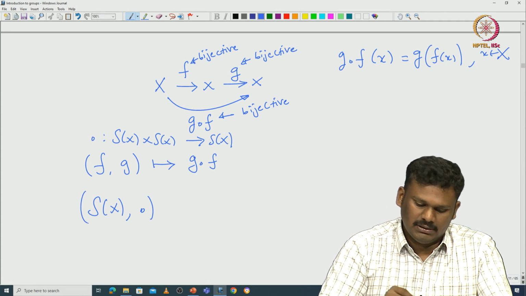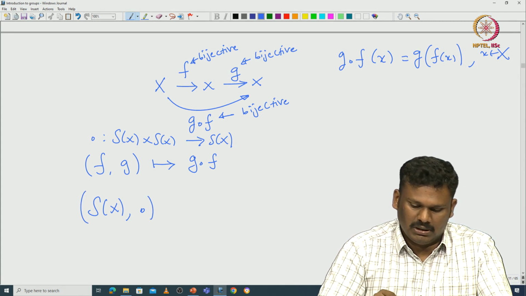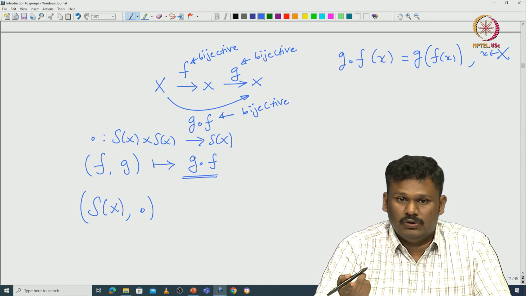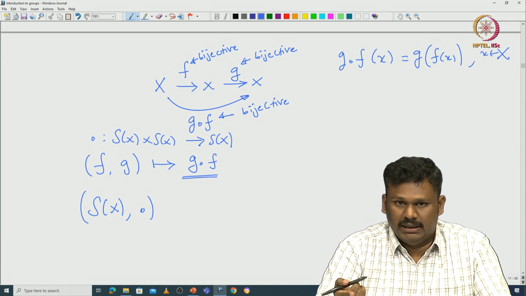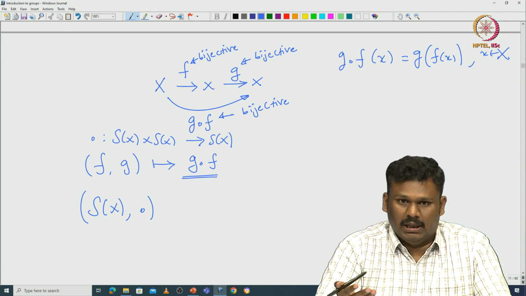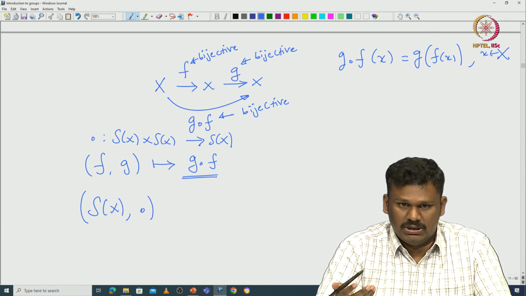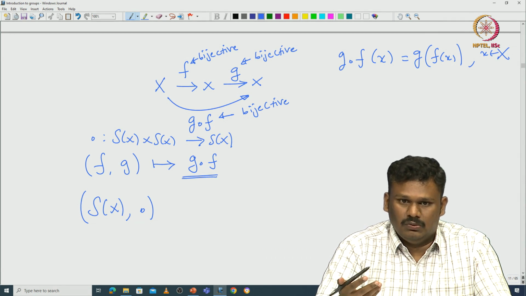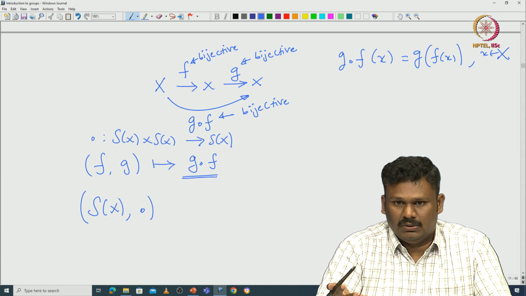So, note that here this is not the traditional way of writing. We are composing in the opposite way, because we want to apply f first and then apply g. In the language of functions we write it as g composition f, but if you want to use star, then you write it like f star g. Okay.